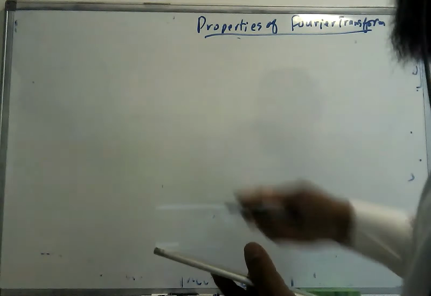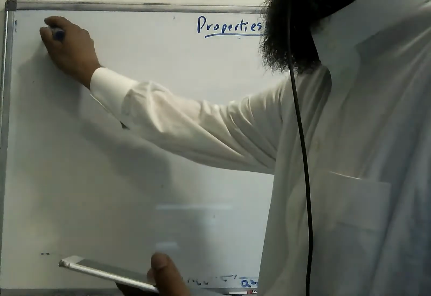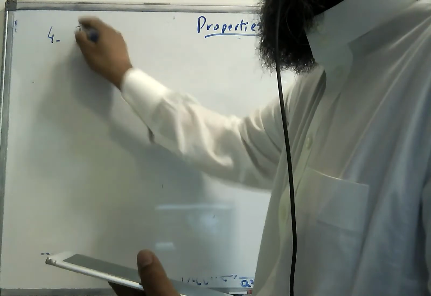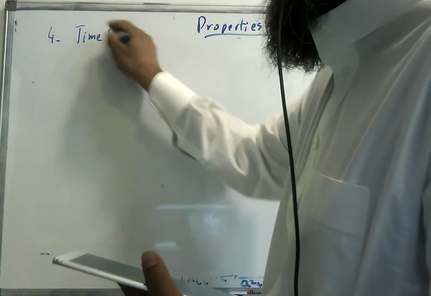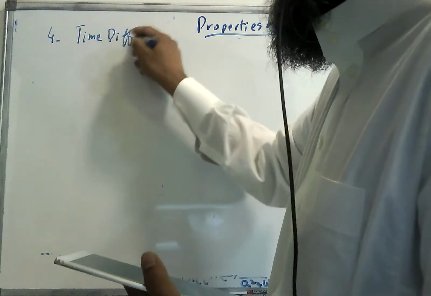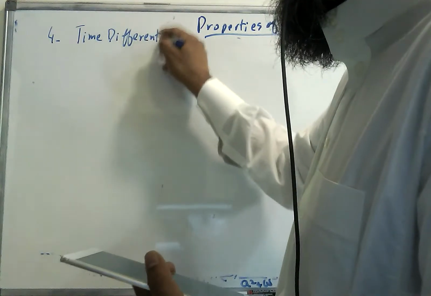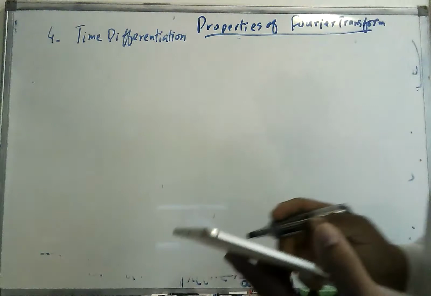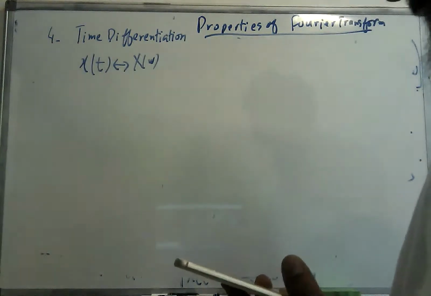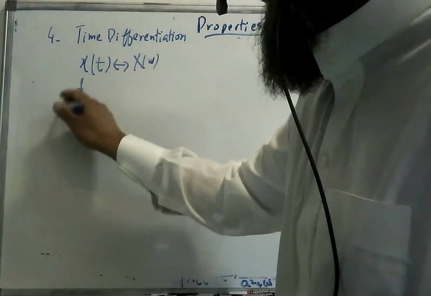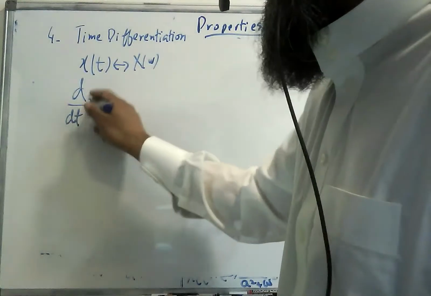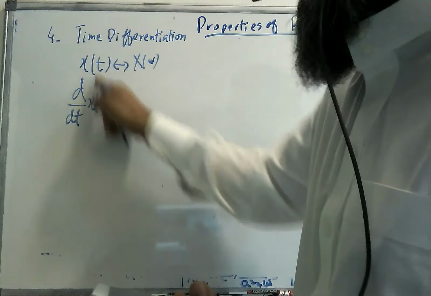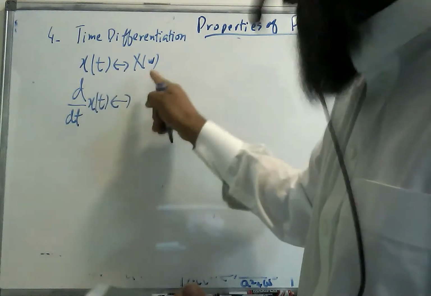The fourth property is time differentiation. If we differentiate x of t on the left hand side, we don't need to find the Fourier transform again.